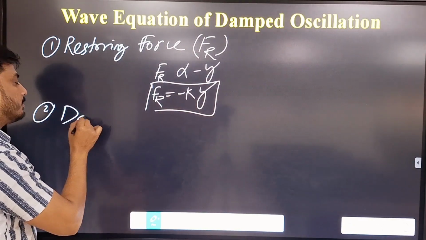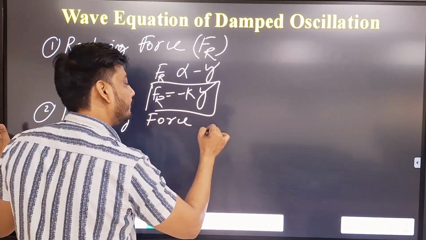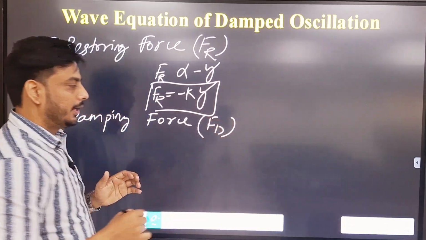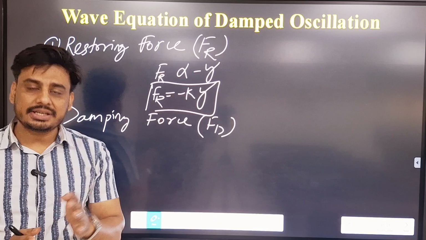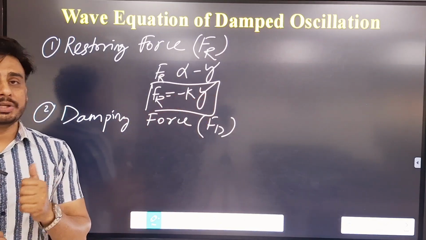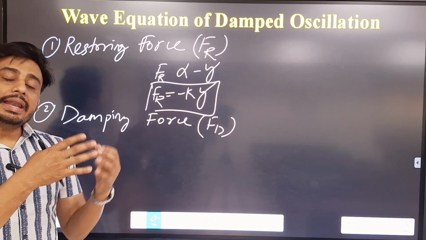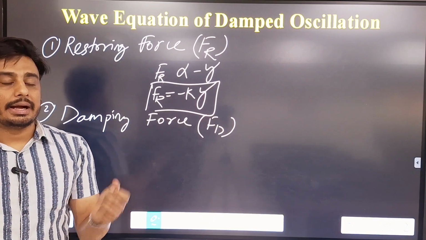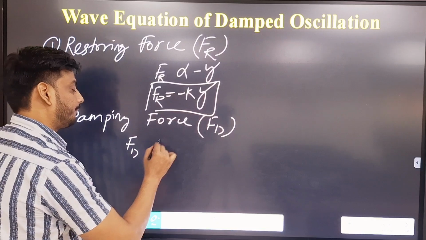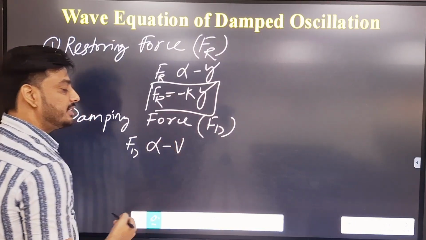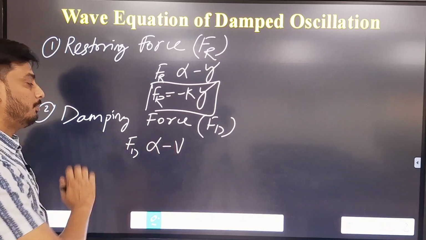Another one is the damping force, let's say FD. Damping force means the force which is responsible for decreasing the energy as well as the amplitude. Just like air resistance, friction, any type of opposing force, this type of force depends upon the velocity of the body, and since it decreases the energy as well as the amplitude, it is always in the opposite direction.